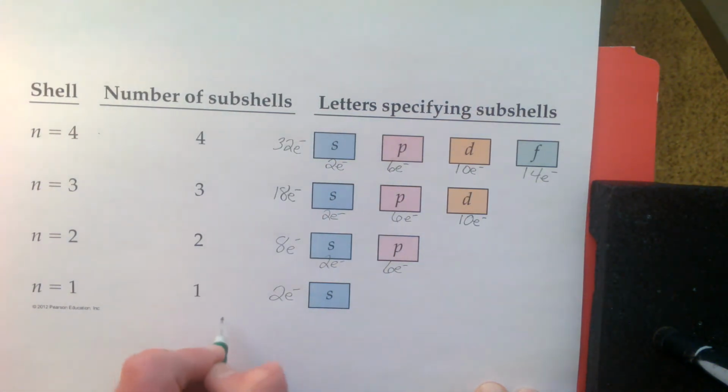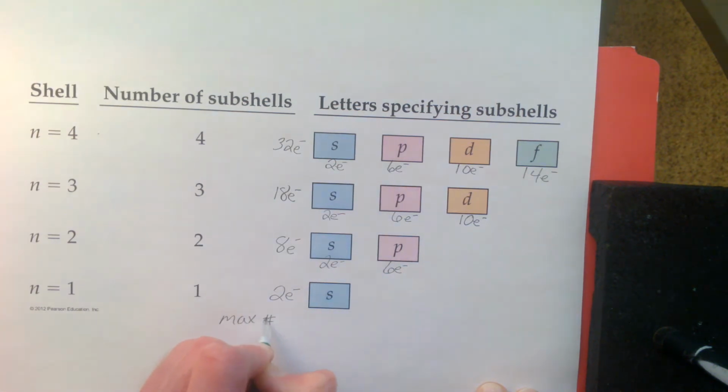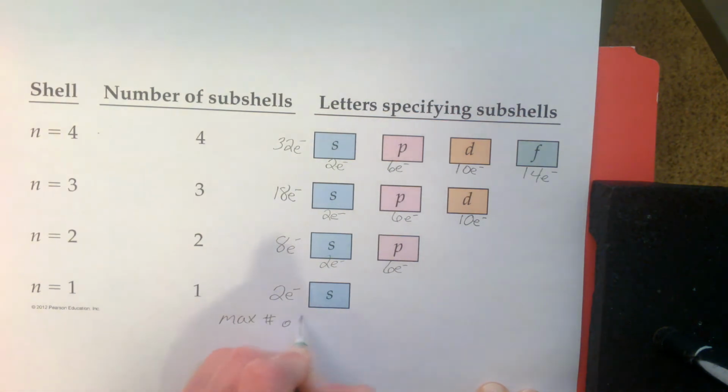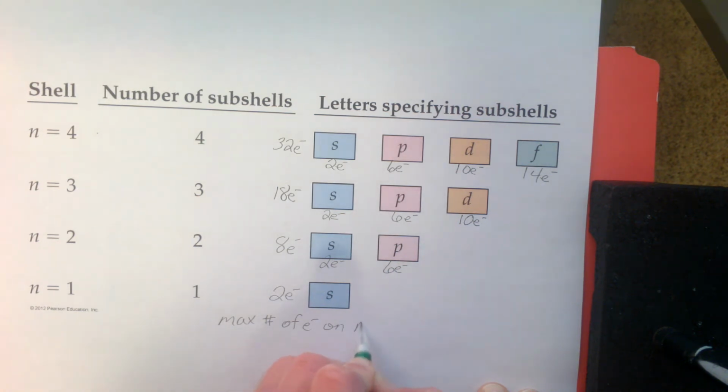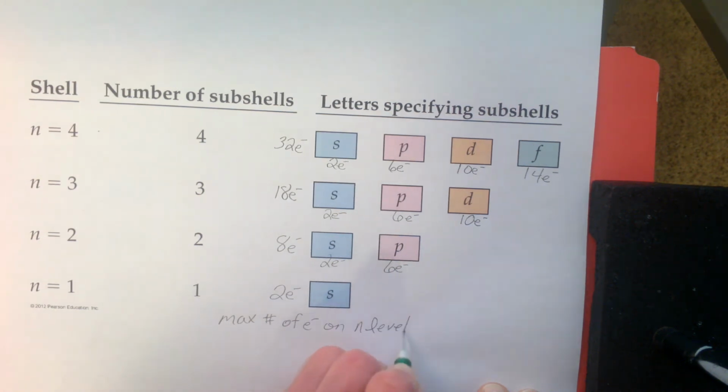Now, a little side note. The max number of electrons on a particular energy level is equal to 2n squared.